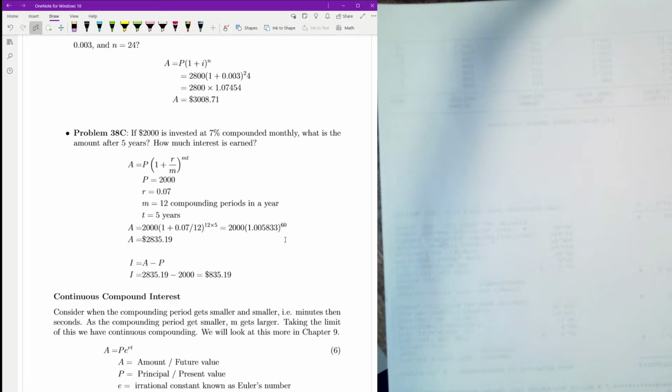Continuously compounded interest. Typically with compounding interest we're talking about a compounding period that is semi-annually, quarterly, or monthly, but it generally doesn't get much shorter than that.